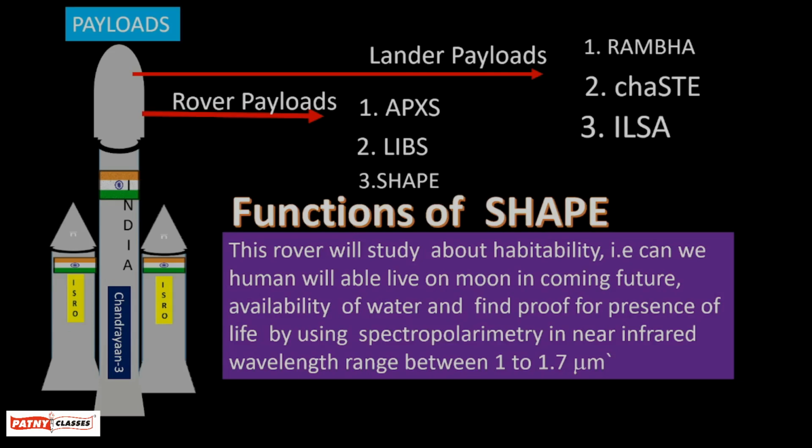Function of SHAPE is that this rover will study habitability. It will find out whether humans will be able to live on the moon in the coming future. It will also find out the availability of water and find proof for presence of life by using spectropolarimetry in the near infrared wavelength range between 1 to 1.7 micrometers.